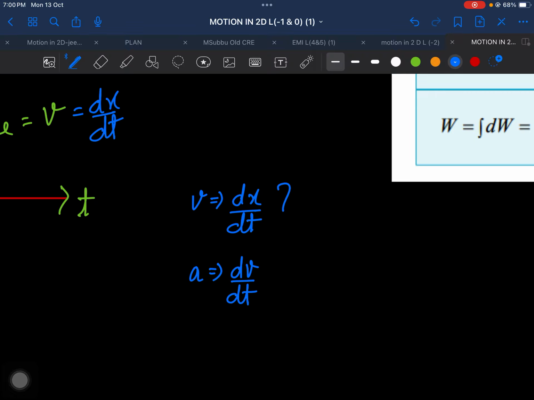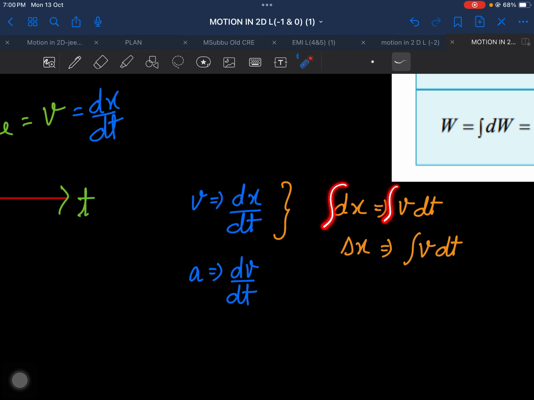Now if we rearrange this, then dx will be equal to v dt. And delta x will be equal to the integration of v dt. You have integrated both sides. If we integrate both sides, then dx will become delta x.